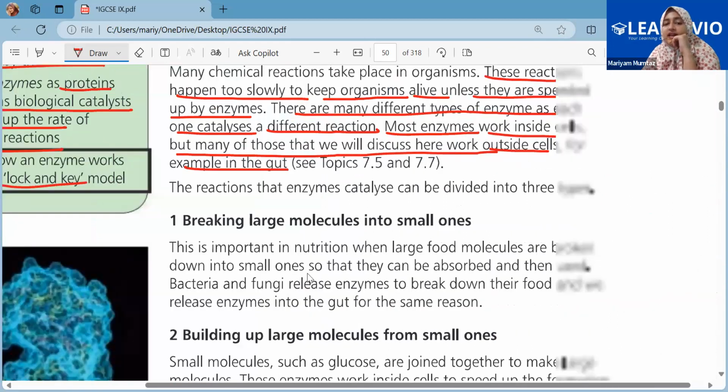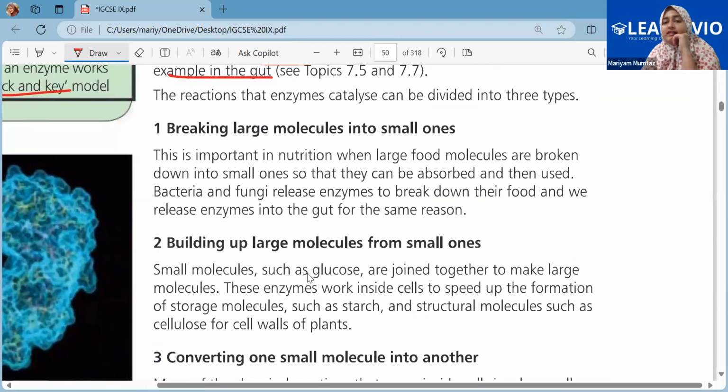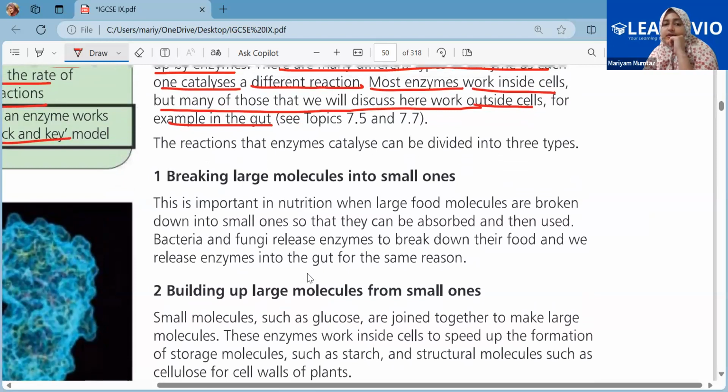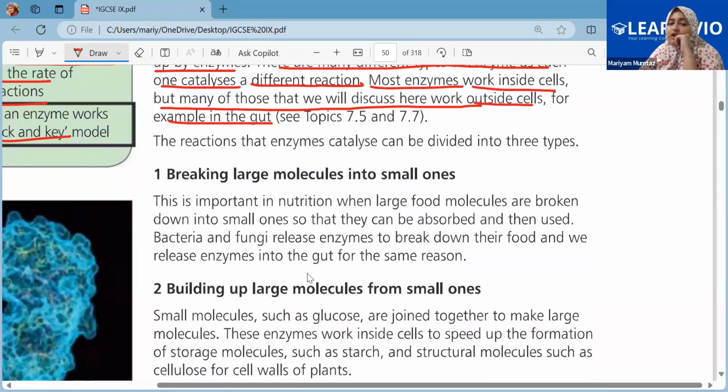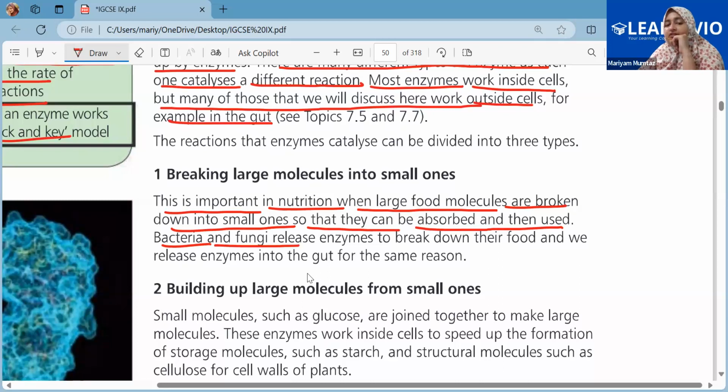Now, let us see the reactions that the enzymes catalyze. There are three types. The first is breaking large molecules into small ones. This is important in nutrition when large food molecules are broken down into small ones so that they can be absorbed and then used. Bacteria and fungi release enzymes to break down their food, and we release enzymes in the gut for the same reason.